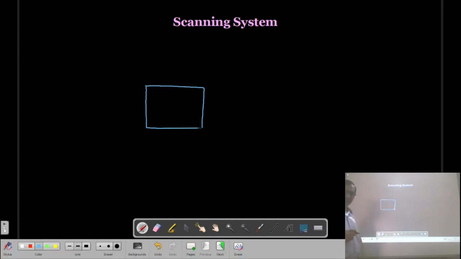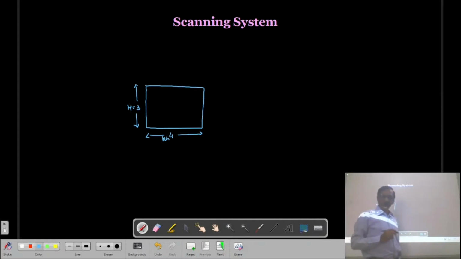Now, what is the size of the frame? Normally, if the width is 4 units and the height is 3 units, then this ratio of width to height is known as the aspect ratio.